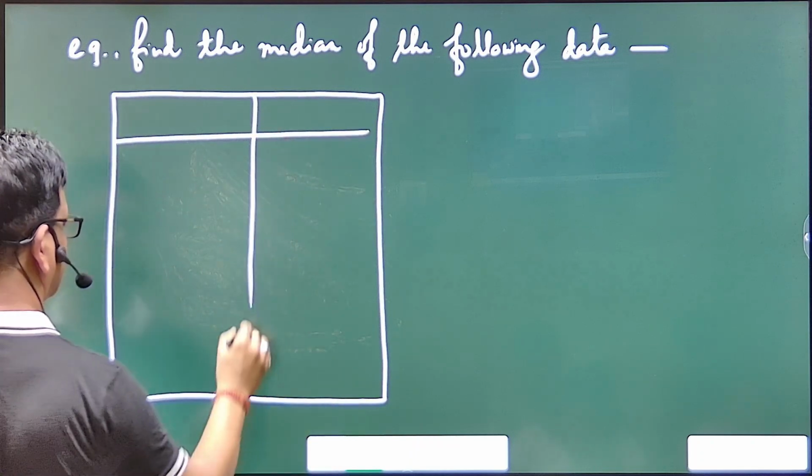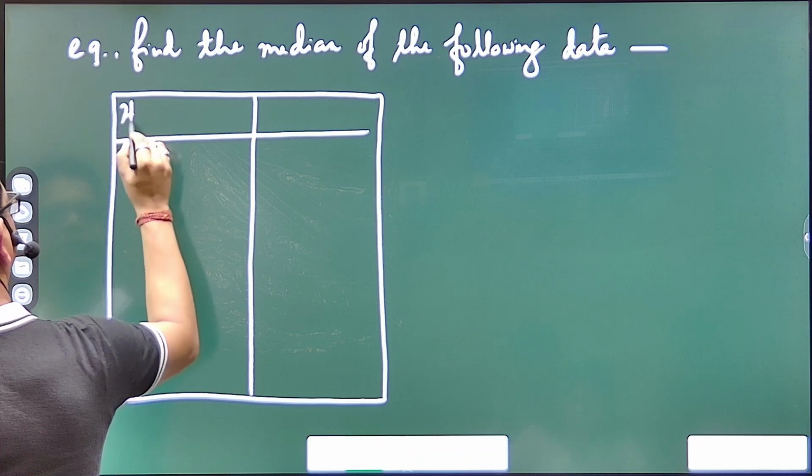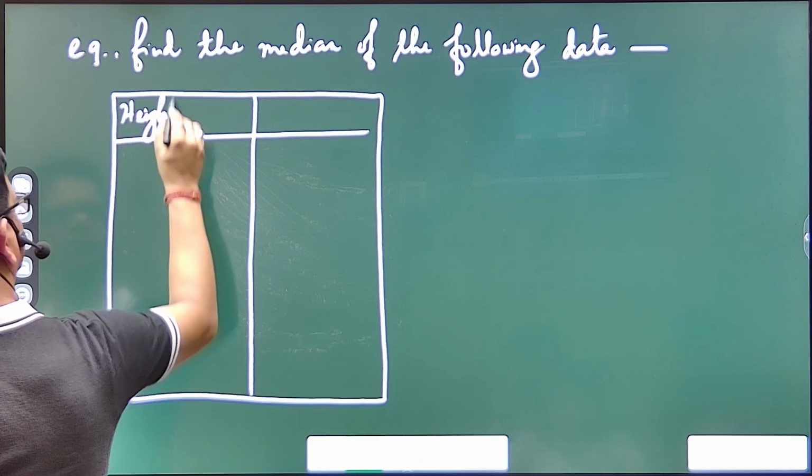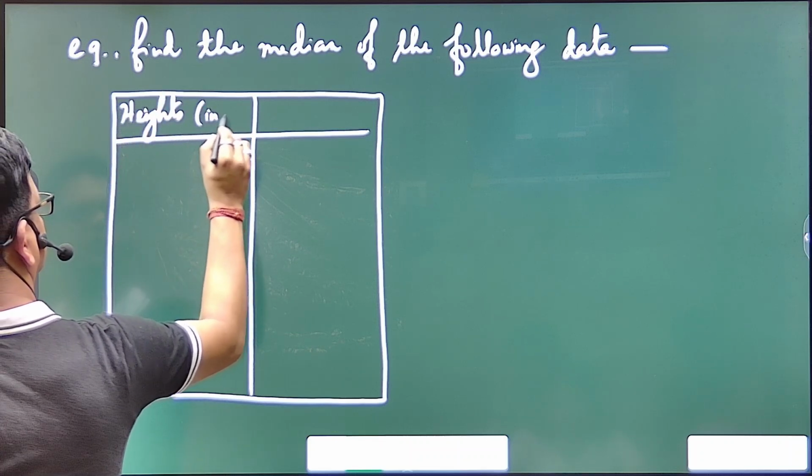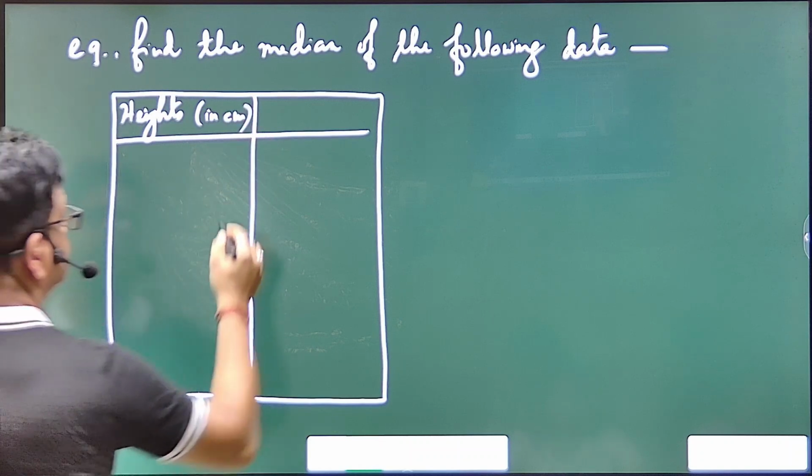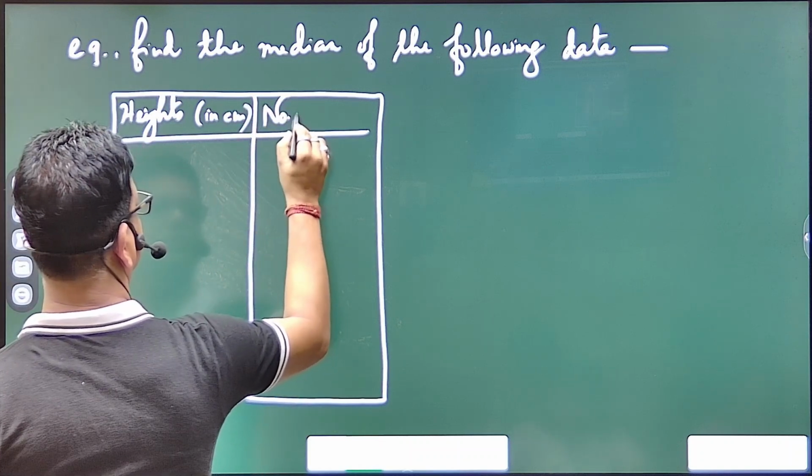So here we have the class intervals. Suppose these are the heights of students, in centimeters, and these are the number of students.